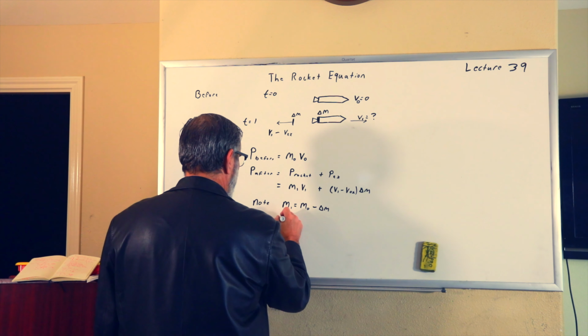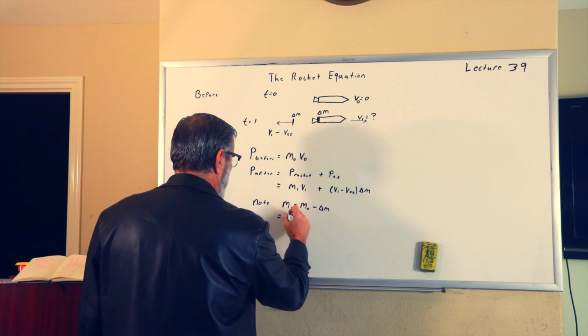So if I substitute that in for M1, I'll get (M naught minus delta M) times V1 plus (V1 minus V exhaust) times delta M. Now I'm going to distribute these two terms and just do a little bit of algebra.